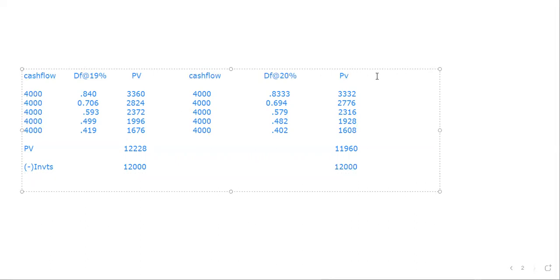So therefore your net present value here is going to be 228, and here it is going to be negative, minus 40 rupees.